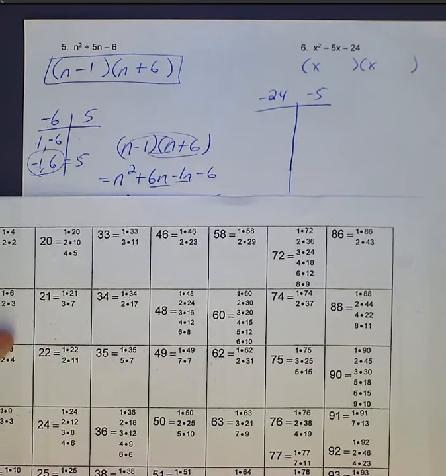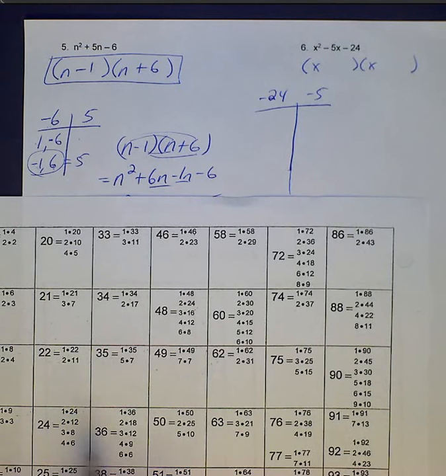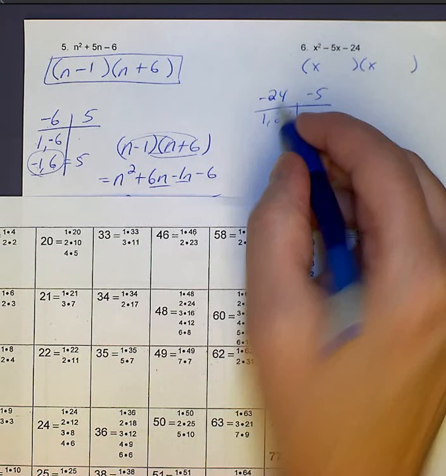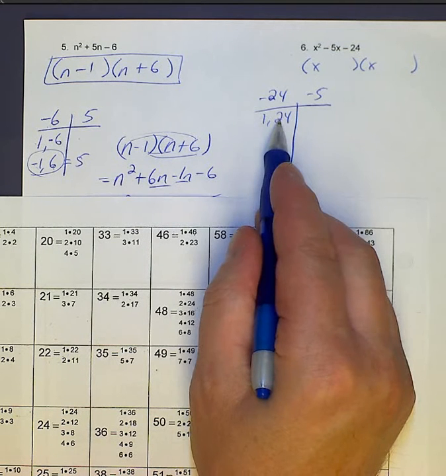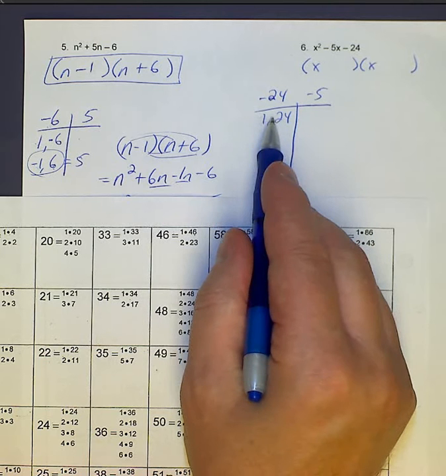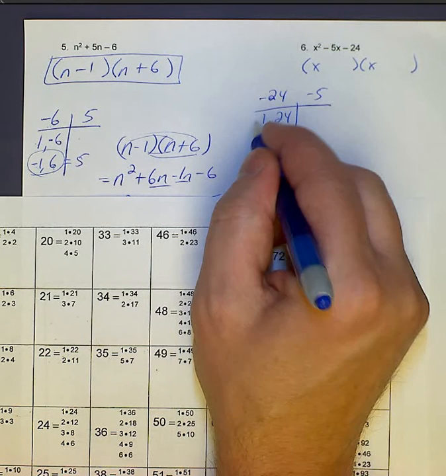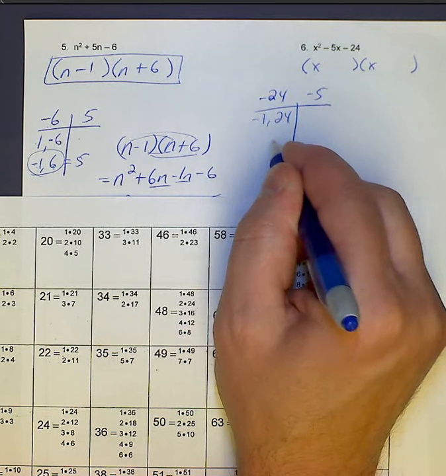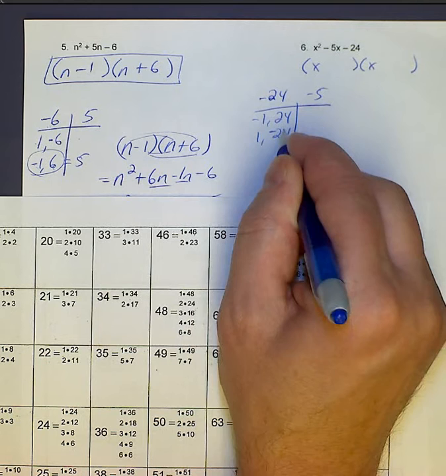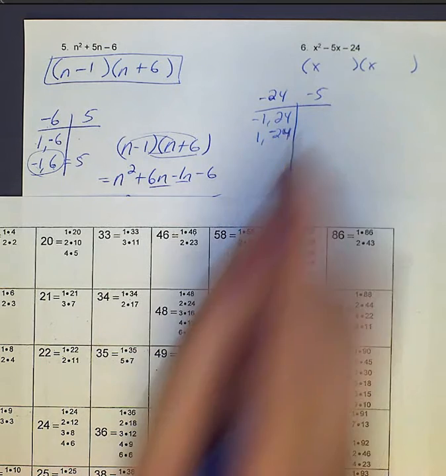So there's that chart. Here's factors of 24. It's not negative 24, but I can make it negative 24 by making one of these negative. So, what if I had 1 and 24? If either one of them was negative and the other was positive, it would give me negative 24. But if I added negative 1 and positive 24, I don't get negative 5. If I added positive 1 and a negative 24, I do not get negative 5. So that doesn't work.